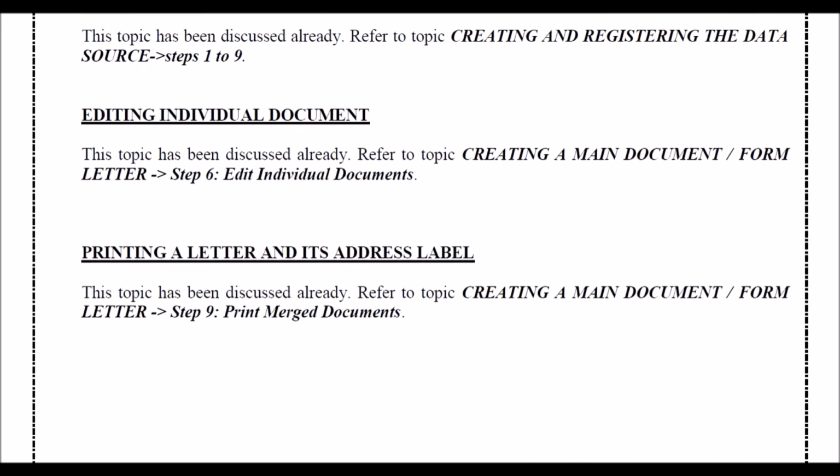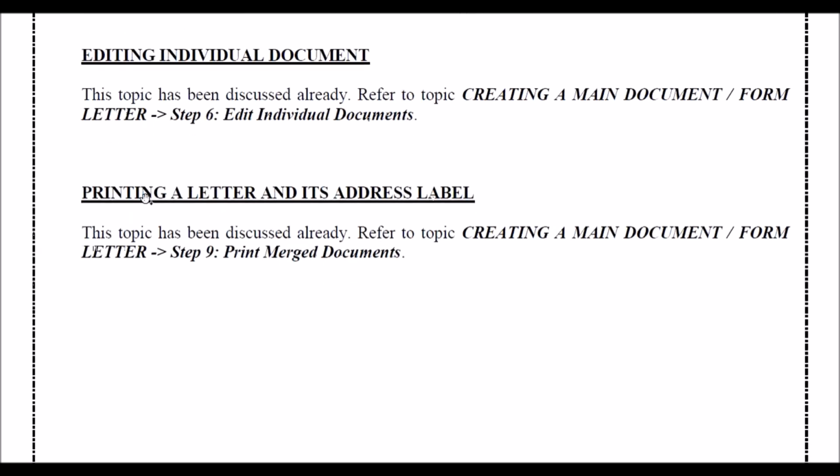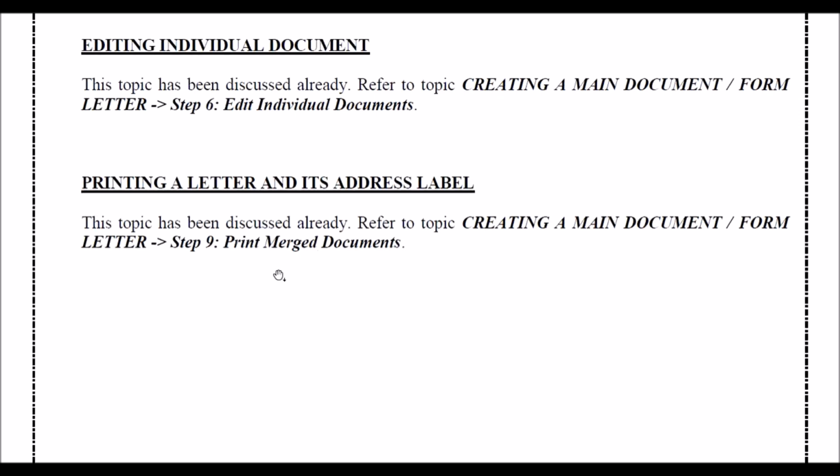And then editing individual document, this also we have seen already in the creating main document section, step 6. And printing a letter and its address label, this also we have already covered in creating a main document or form letter in step 9, the print merge document section, how to print.